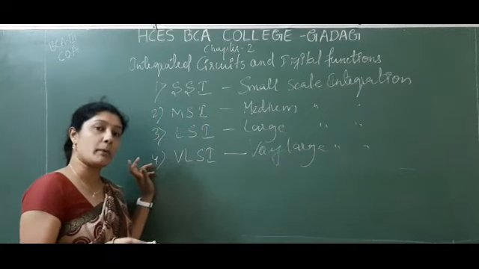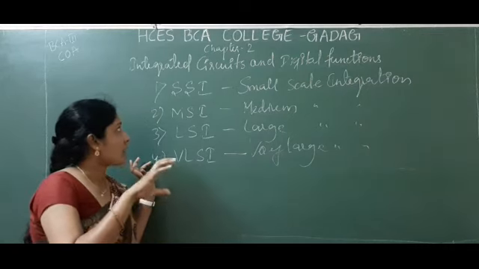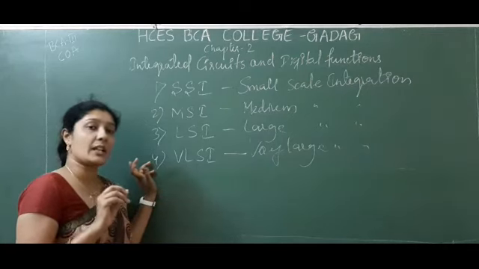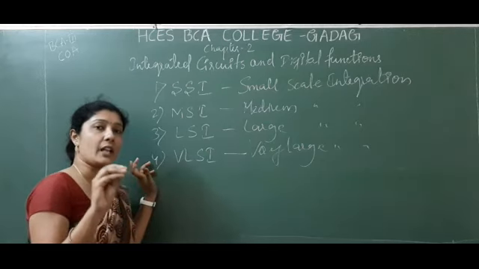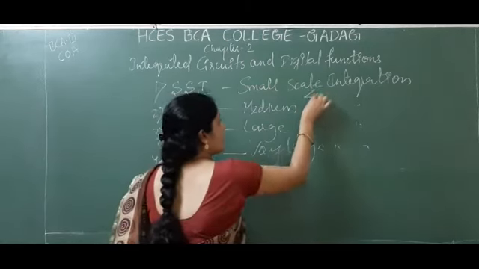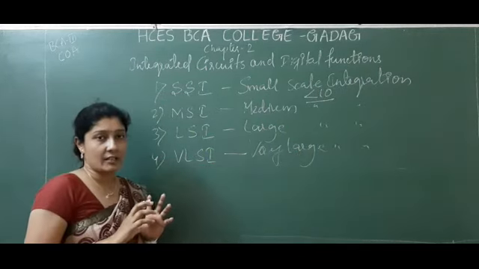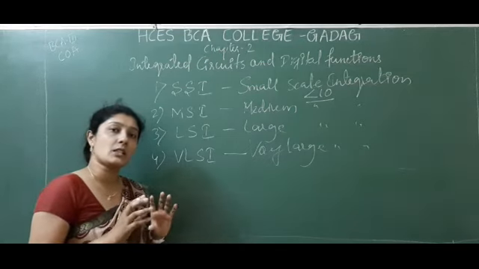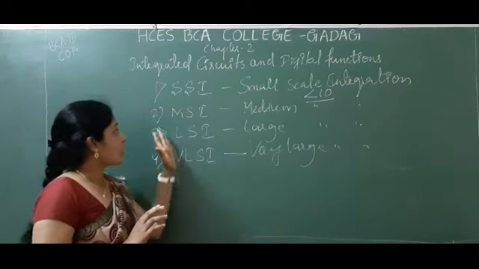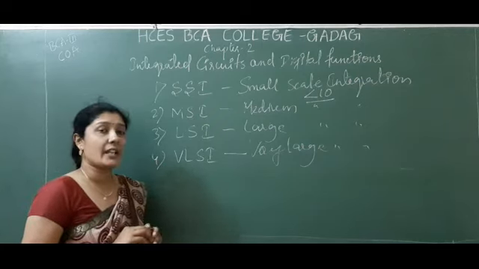As I told you, SSI uses fewer than 10 logic gates, and these SSI ICs are used to perform simple digital logic functions. Next, coming to MSI, medium scale integration.